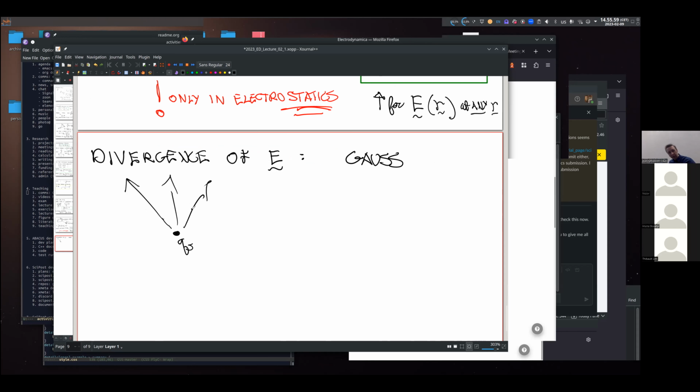If we define some kind of integration surface, in this case a sphere around the object, we can imagine the field as having little arrows piercing through the surface.